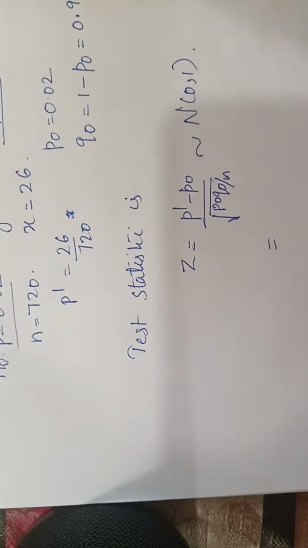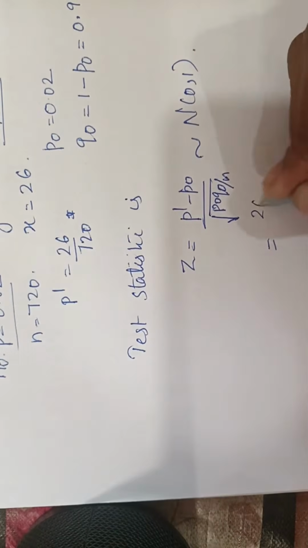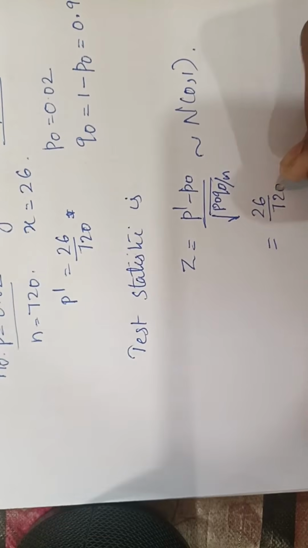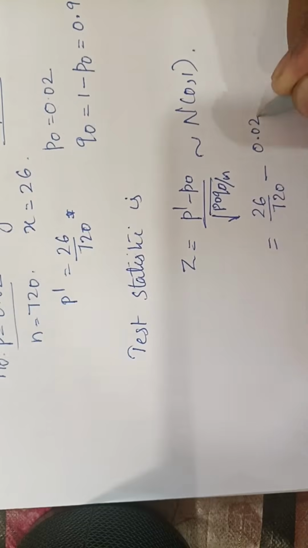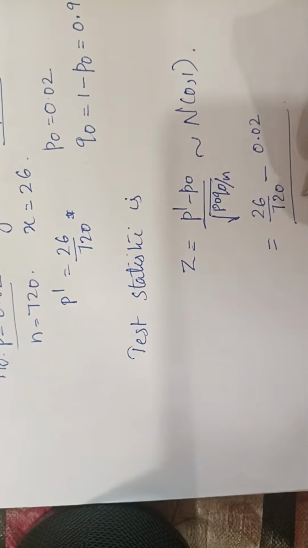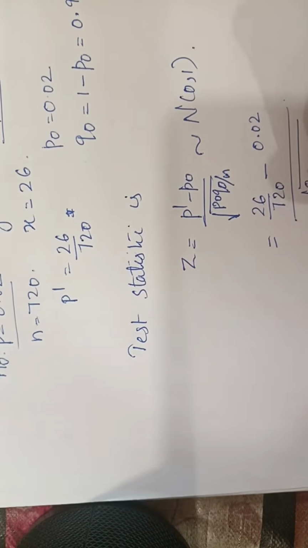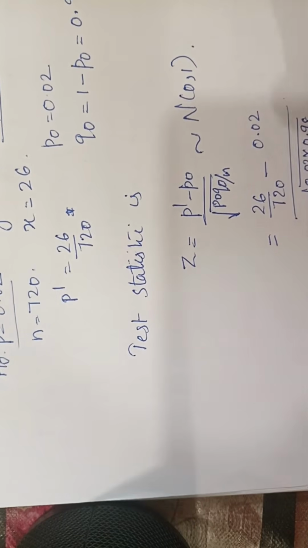Now let us substitute the values. So p dash is 26 by 720 minus p naught is 0.02 divided by root of 0.02 into 0.98 by n is 720.